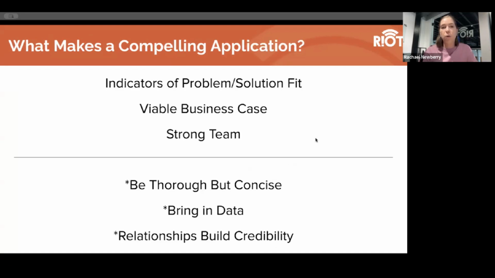And then what we look for in a compelling application are the following things. We're certainly looking for indicators of problem-solution fit. So how much customer discovery and real deep understanding of the market does this team have?